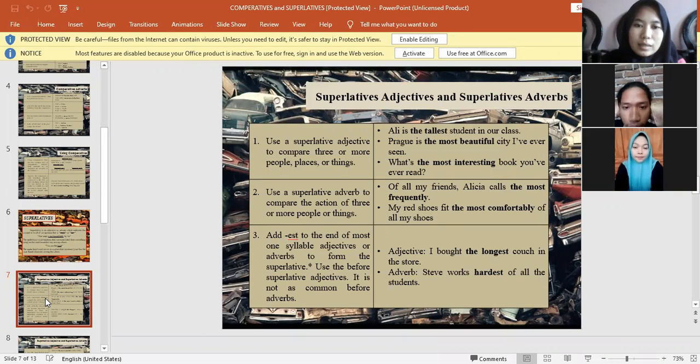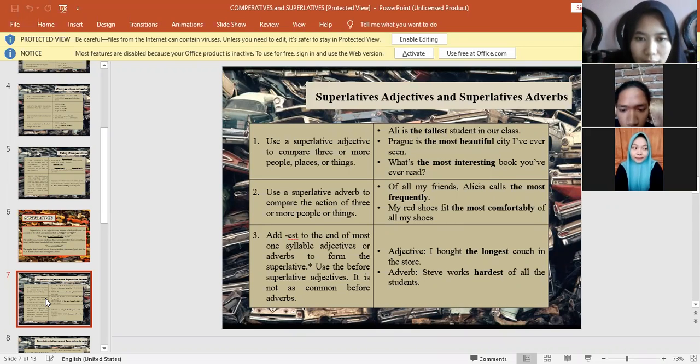Second, use a superlative adverb to compare the action of three or more people or things. For example, of all my friends, Alicia calls the most frequently. Other example, my red shoes fit the most comfortably of all of my shoes.